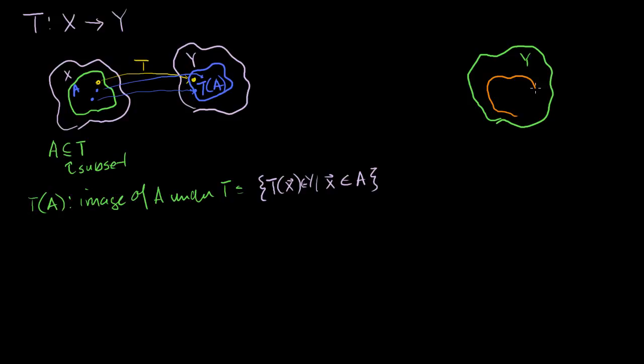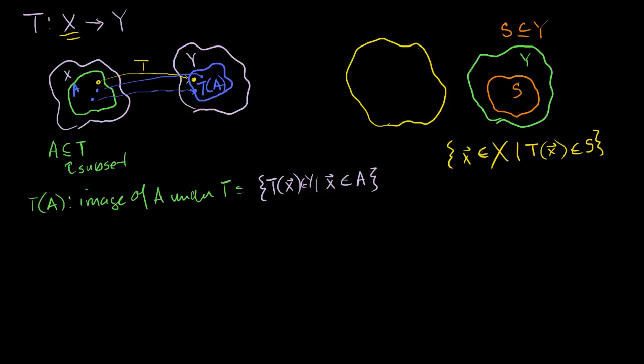Let's call our subset of Y S. So S is a subset of our codomain Y. And I'm curious about what subset of X maps into S. So I'm curious about the set of all vectors that are members of my domain, such that the transformation of those vectors ends up in my subset S. So what I'm saying is, if I take my domain, there must be some subset of vectors right here, where if I take any member of this set, it will map into these guys. And that's what I'm defining right here.